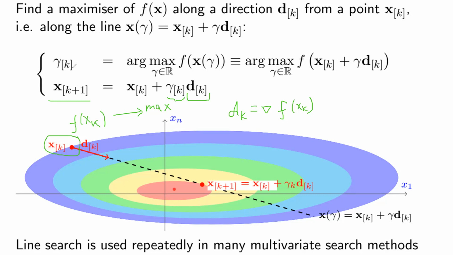One approach, let's say the best approach, would be to find the maximum value of f along this direction. We calculate f along this direction, and we find what the maximum value of this function will be if gamma, our multiplier, is a variable, but everything else is fixed. So we have a function of one variable.